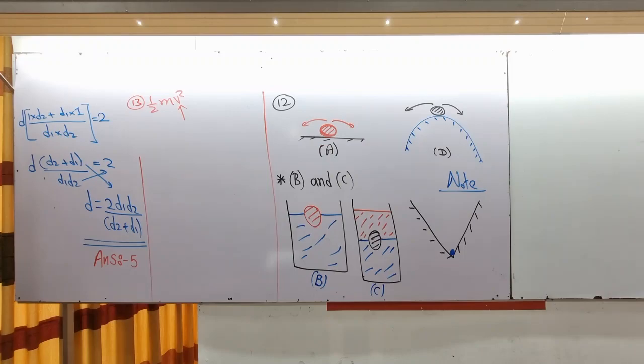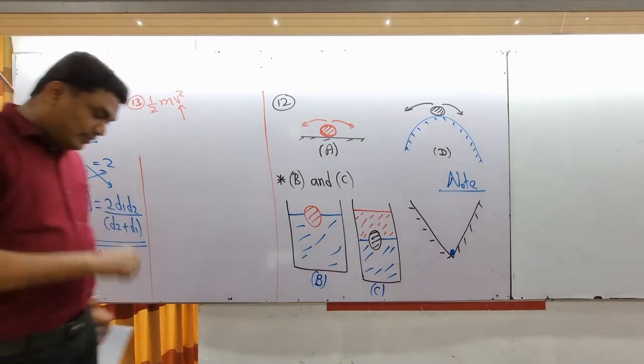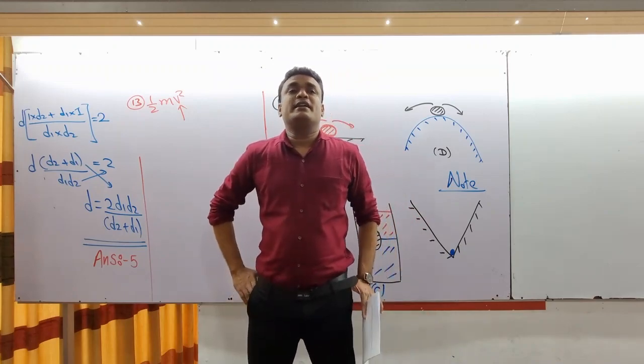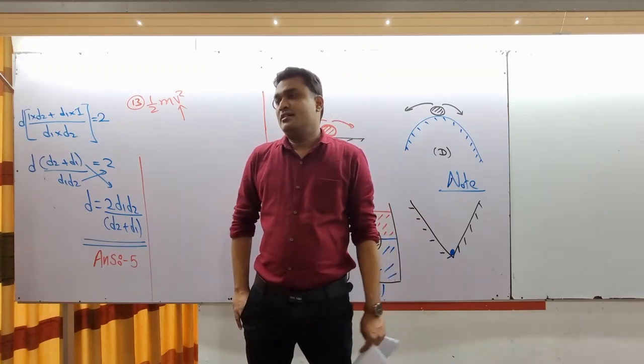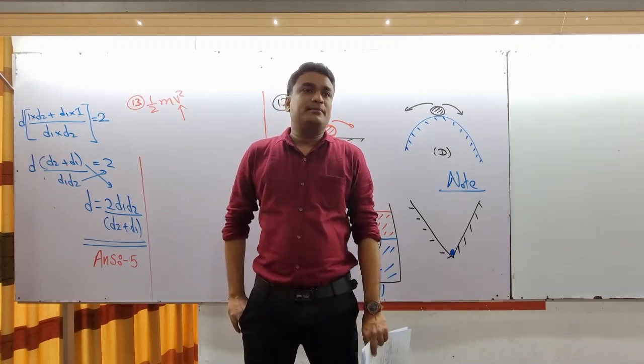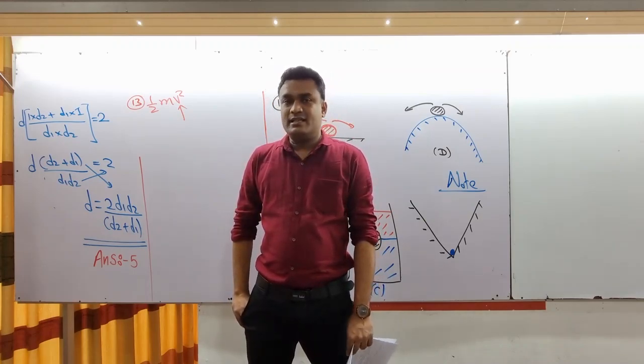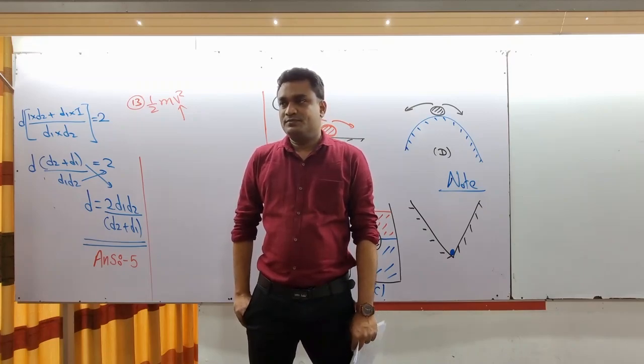as the kinetic energy equation is half mv square, kinetic energy should be increased as a curve with time. It cannot be a straight line when there is a square term. Okay, dear?